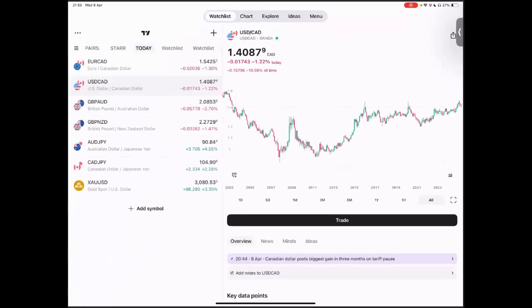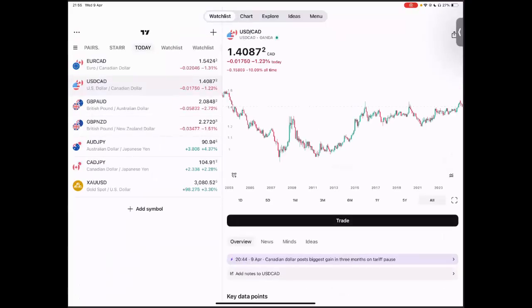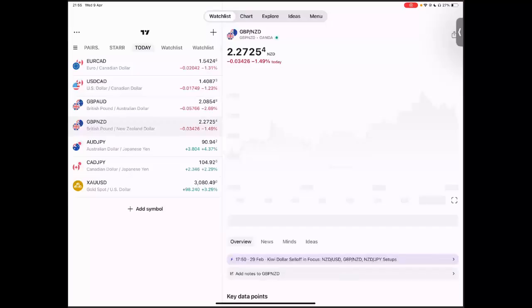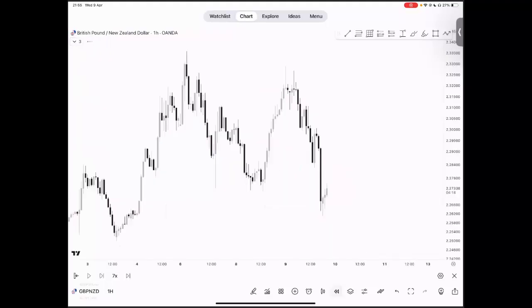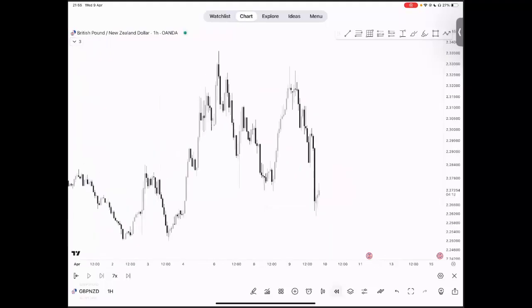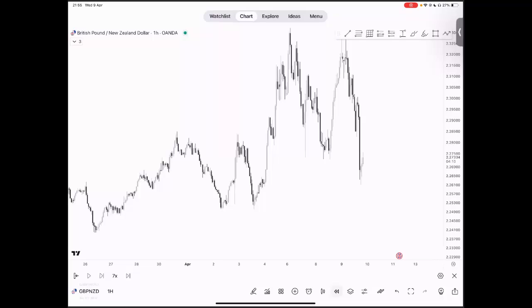I think there was one other pair as well that they took. Is it, let me see, is it JPNZD? I can't even necessarily remember. There were three setups. I can't remember all of them though.